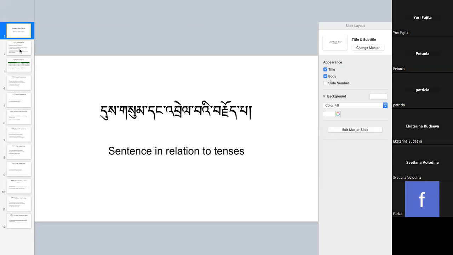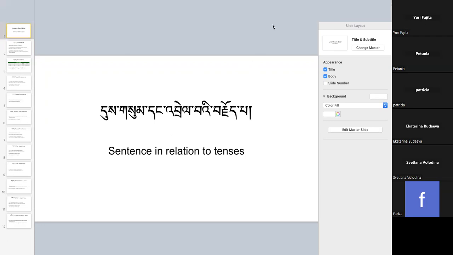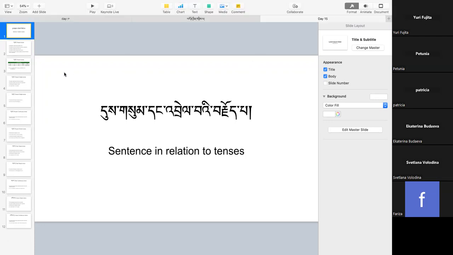So we won't be talking in detail about the tenses. The actual detail about the tenses we're going to go into in other lessons, in other texts, that is of the gender sign. So in the gender sign, we will talk more in depth about these different types of tenses and the action word.